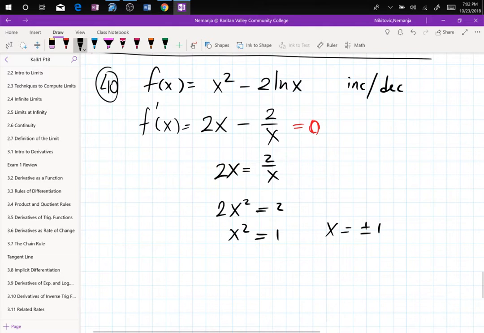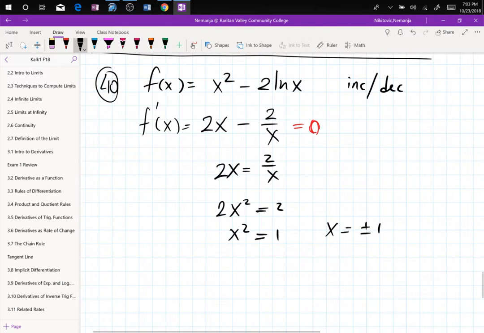Now, why is it important to know about the domain from pre-calc 1? Well, if you paid attention in pre-calculus 1, you know that the domain for ln x is from 0 to infinity, which allows you to disregard -1 as your critical point. You can't have a min or a max on that side at all, because the function is not defined at -1. Now, let's say that you calculated things.